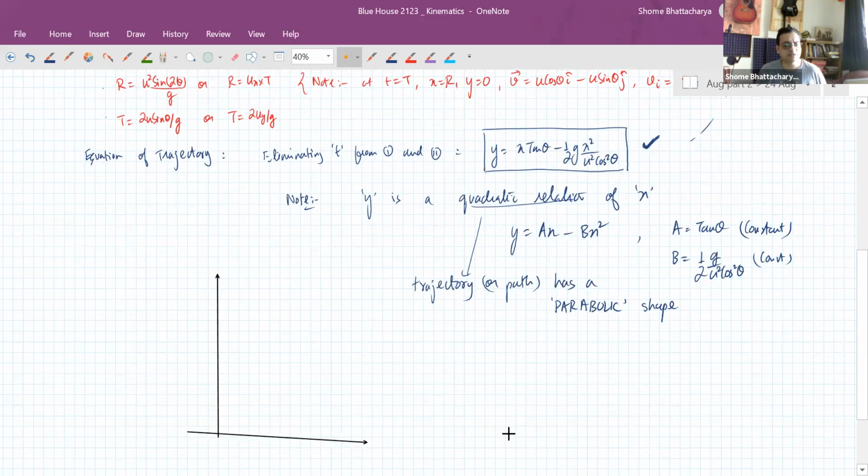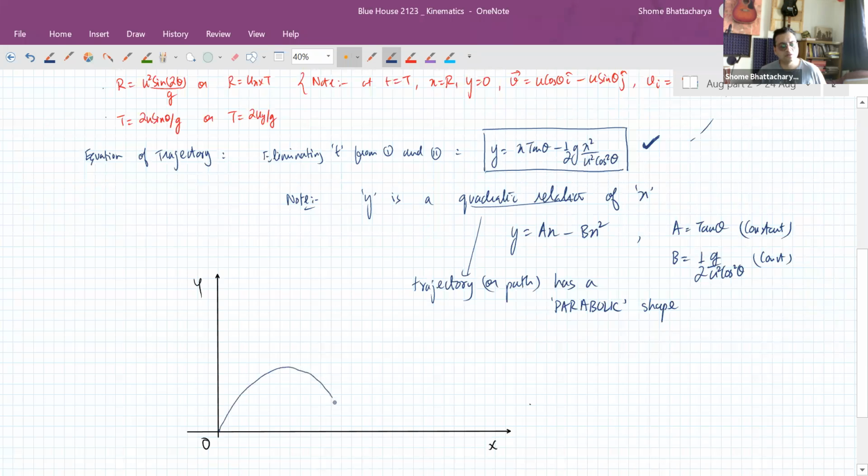It is not a semicircle or an ellipse or something like that. It's a parabola. So that's one thing. This is the parabolic trajectory of the projectile. Okay, now one more thing.